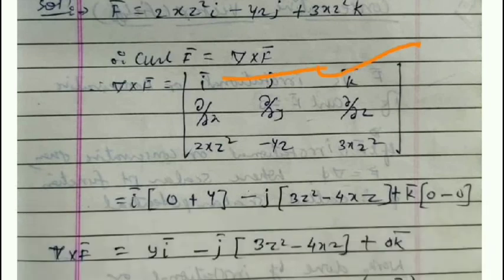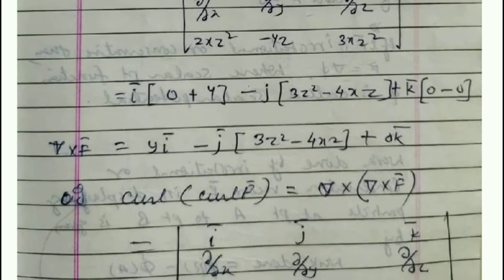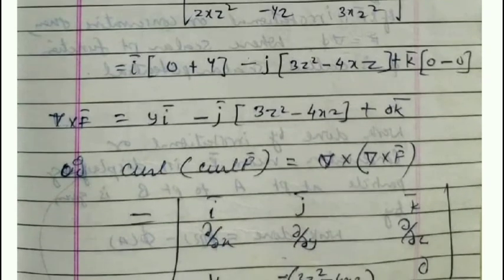Calculate del cross f bar: first write the components i, j, k, then in the second row write the components of del, and in the third row write the components of f bar. After taking the determinant, we will get the final value of curl of f bar as y i minus j plus 3z square minus 4x square plus 0k.